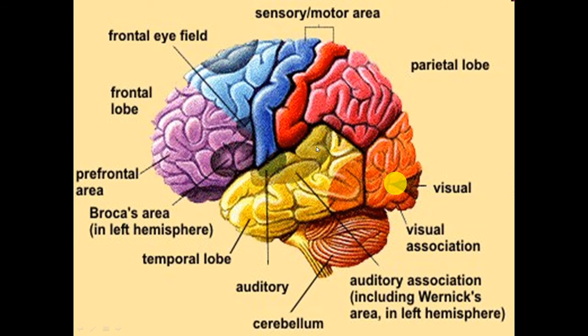Now, I know on the list here, under superficial structures, you have the cerebellum. Remember, the cerebellum is one of the major parts of our brain, one of the major four parts, and it is located inferior and posterior. So it's in the bottom back of your brain, and this is it right here.